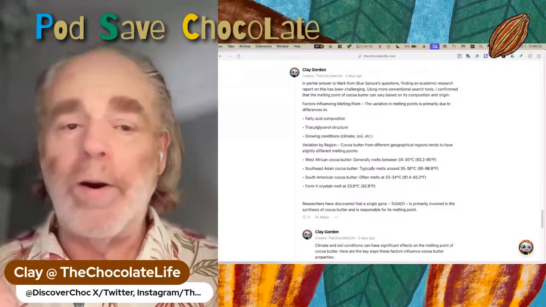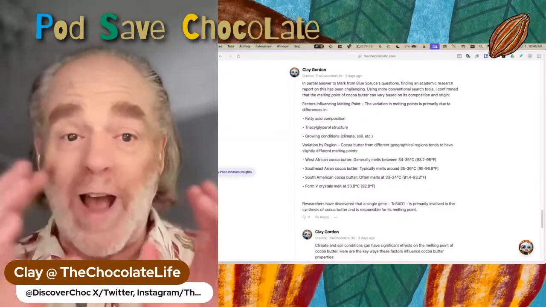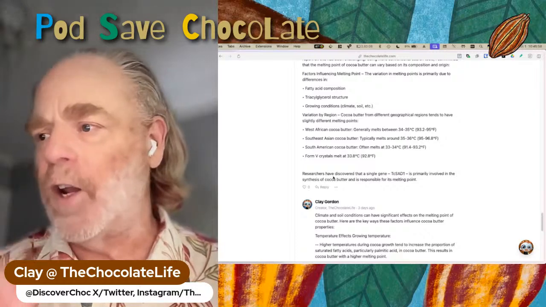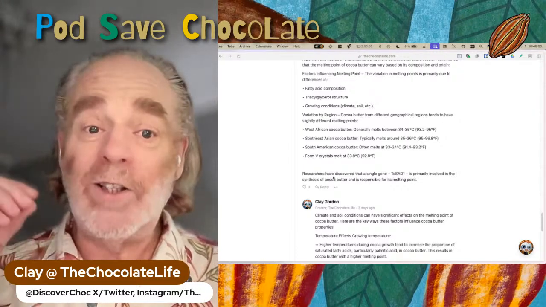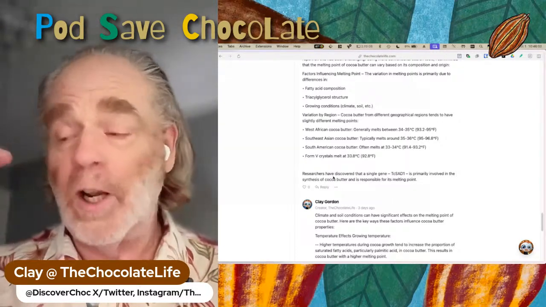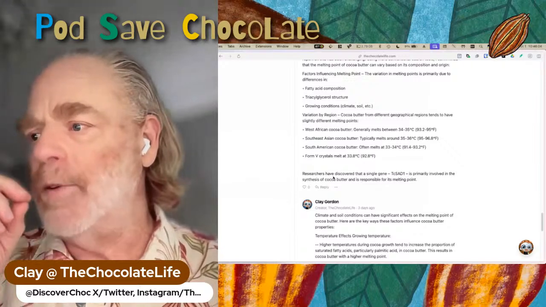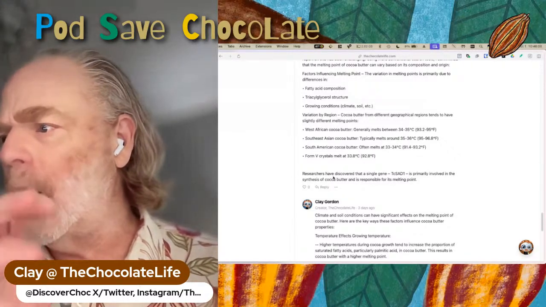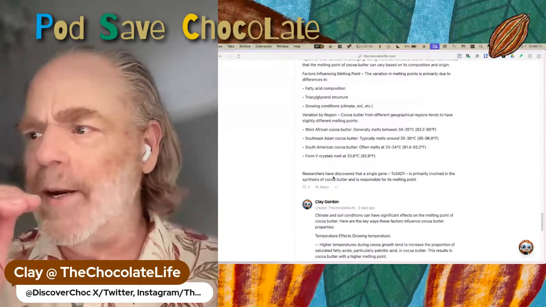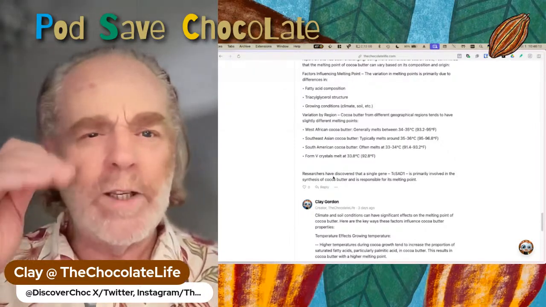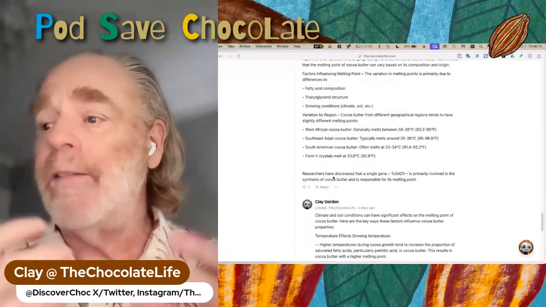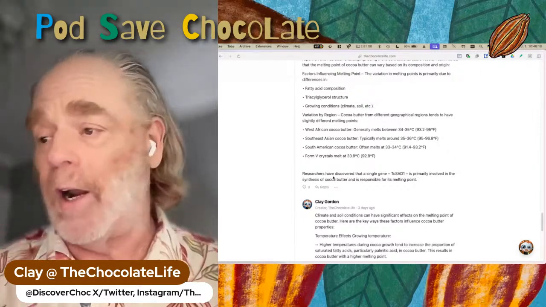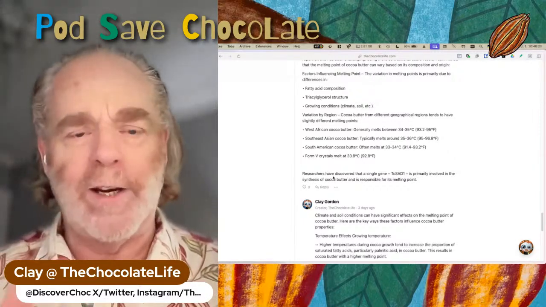I found a high level differentiation that says West African cocoa butter tends to have a higher melting point. Southeast Asian cocoa butter is similar, but sometimes higher and sometimes lower. And South American cocoa butter tends to melt out at a lower starting temperature.